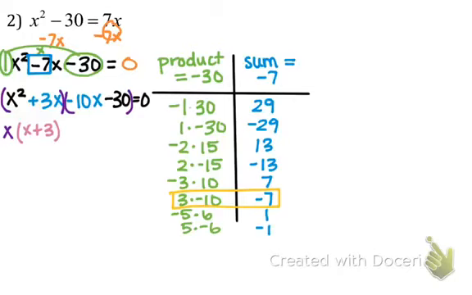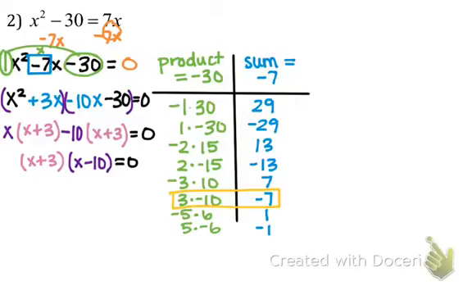Well, in the second set of terms, we have a negative coefficient here and a negative term here, but we want both of these numbers to be positive, so we are going to actually factor out a negative 10, so then when we divide by our negatives, that turns our x positive and 3 positive. X plus 3 is our common factor, so we factor that out and we're left with x minus 10.